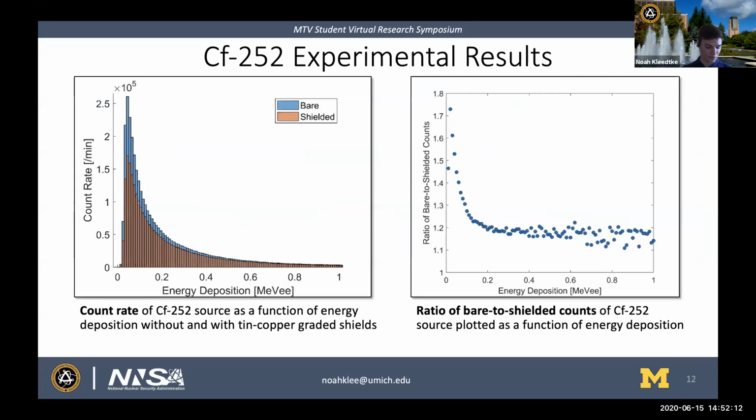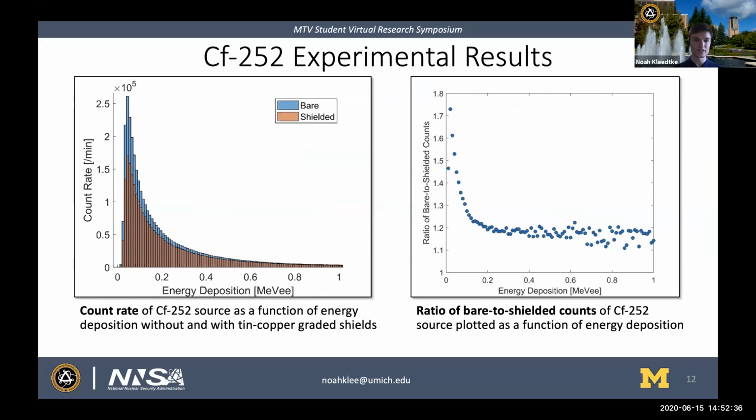The count rate of gamma rays emitted by the californium-252 source was measured as a function of energy deposition. The count rate significantly decreases when the californium-252 source was measured with the shielding, as you can see on the left.